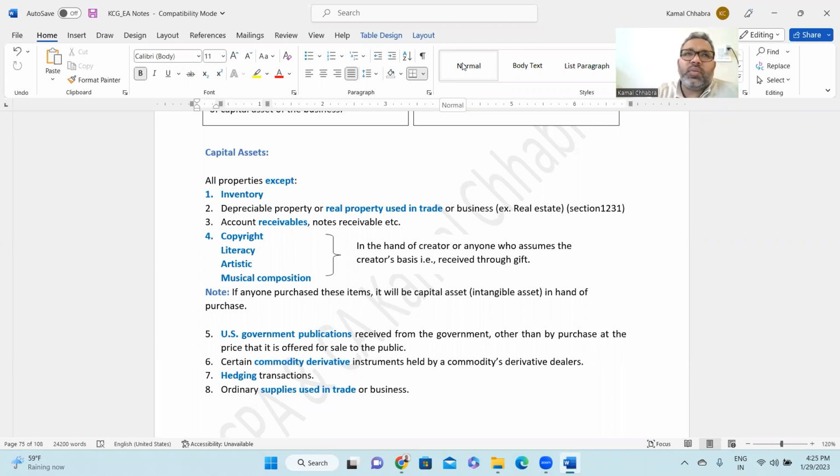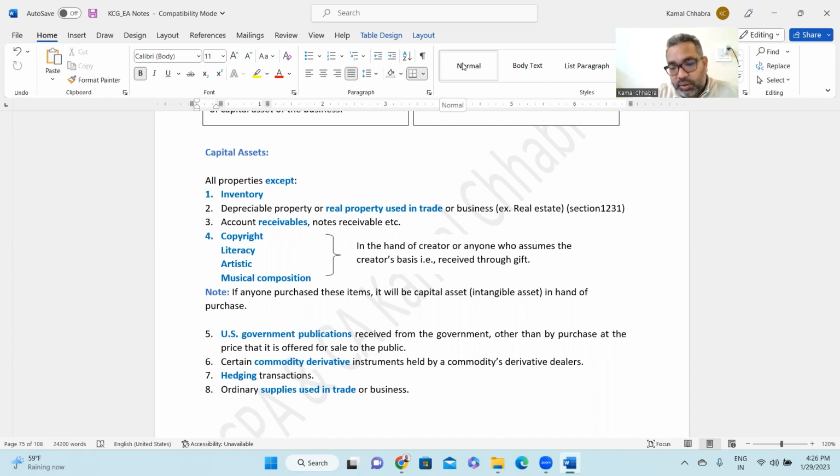So what Netflix does is take copyright from the production houses for the respective movies and series to show on their OTT platform, right? But they are not the creator. In the hand of Netflix or in the hand of Tata McGraw, the copyright or literature which they have received can be property for them.